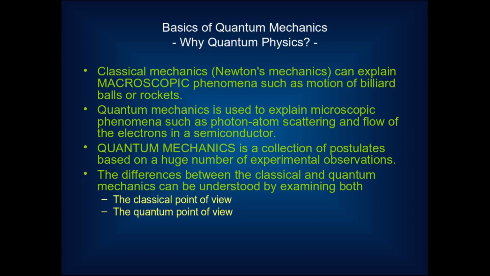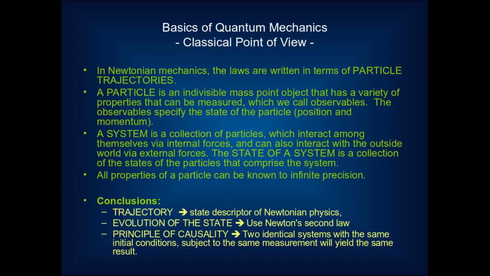Quantum mechanics is a collection of postulates based on a huge number of experimental observations. The difference between classical and quantum mechanics can be understood by examining both the classical point of view and the quantum point of view.